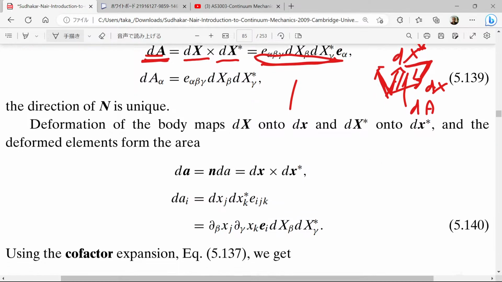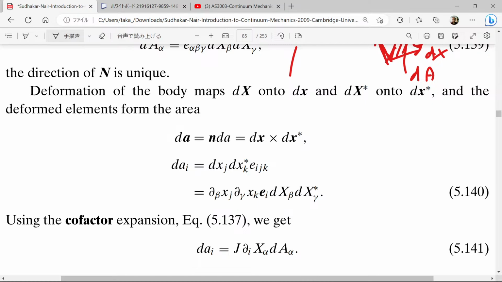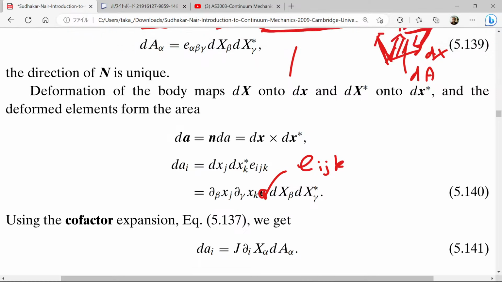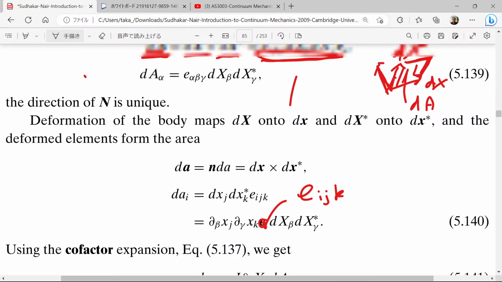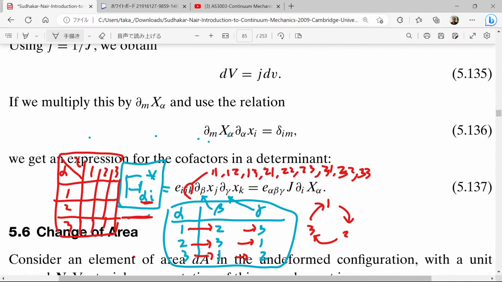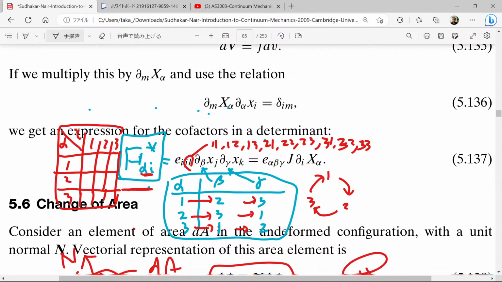Using a cofactor expansion, we get, with a cofactor expansion, what I said here, this is just epsilon ijk. So if we use the cofactor expansion, which is epsilon ijk beta j gamma k, so epsilon ijk beta j gamma k is epsilon alpha beta gamma J I alpha.